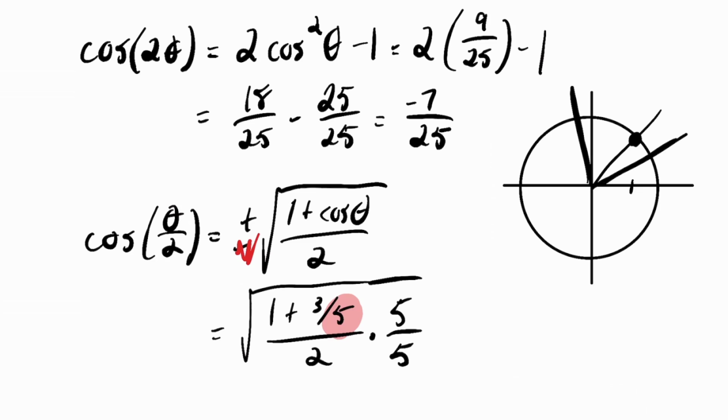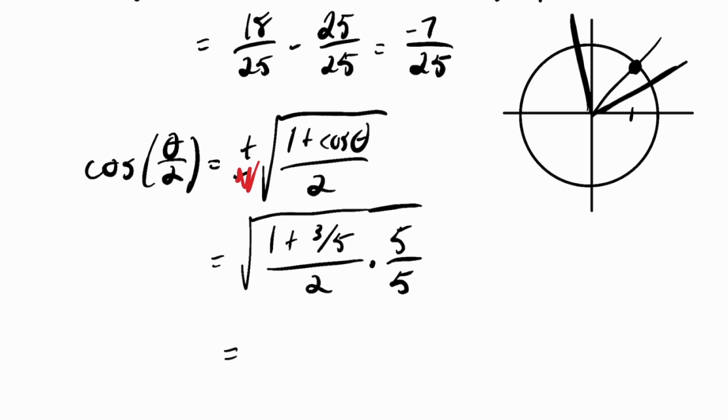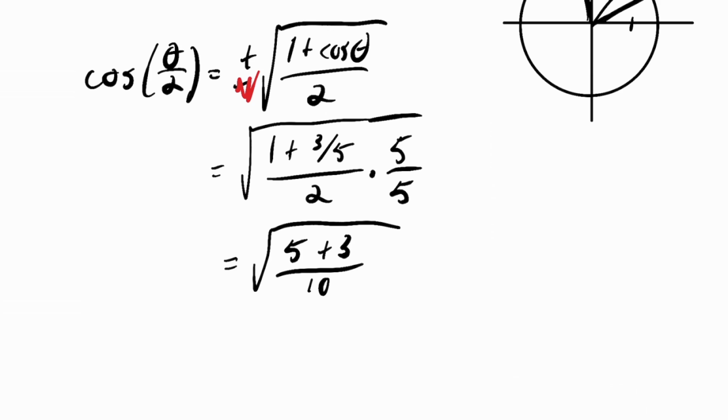When I do this, this 5 will multiply with the 1 to create a 5, and it will multiply with the 3/5 to create 3. So this will be the square root of 5 plus 3 over 10, so this is going to be the square root of 8 over 10.